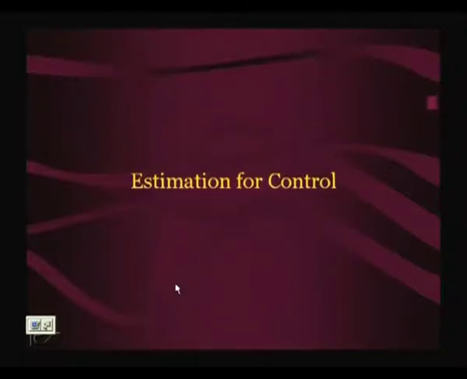Now we discuss another small case study, which is estimation for control. What did we see in the last case study? We wanted to measure tool wear, which is a very inaccessible quantity, in the sense that we don't have any technique to measure it while the tool is cutting.